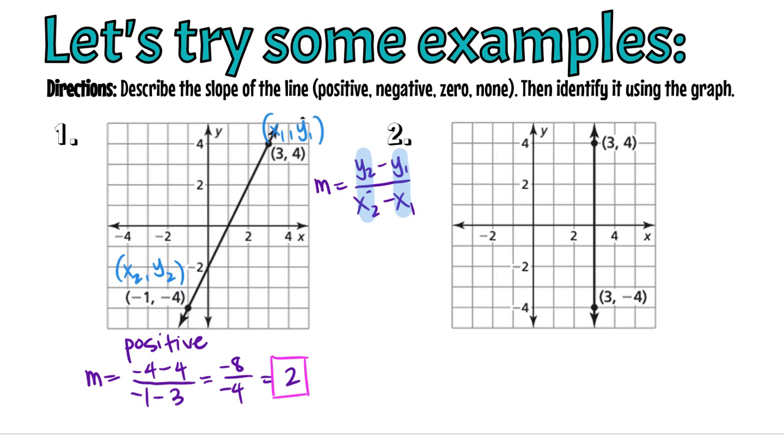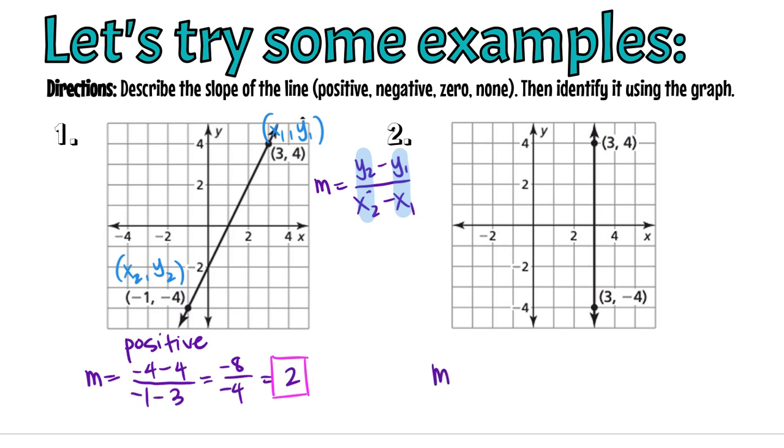In this next example, if we remember back to when we were talking about positive, negative, 0, and none slope, we see that this is a vertical line, and so the slope is undefined. So let's calculate and see what this means, undefined slope.